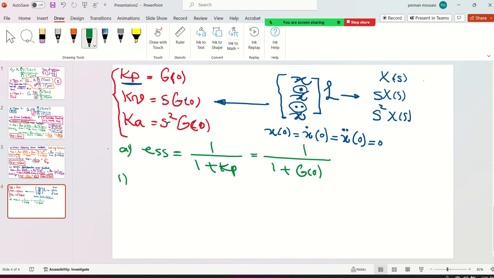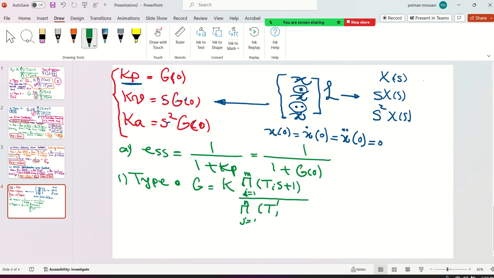Now if your system type is 0, that means your G is like this: K over the product for j from 1 to m of T_j S plus 1, over the product for j from 1 to n of T'_j S plus 1. See what I'm saying?